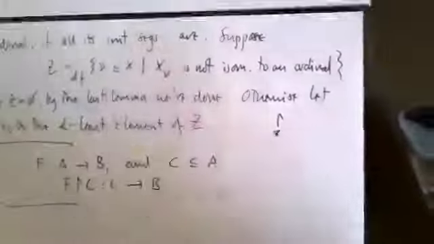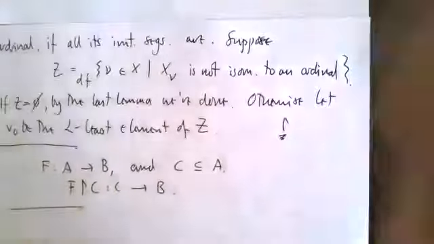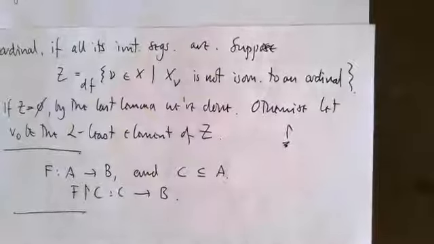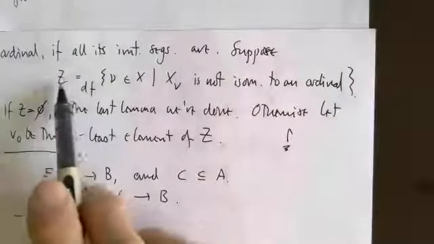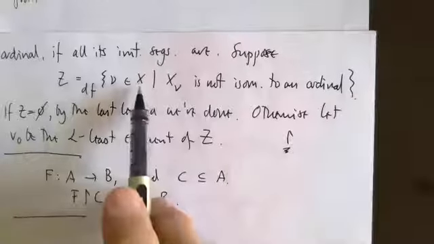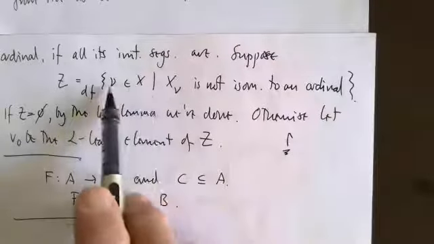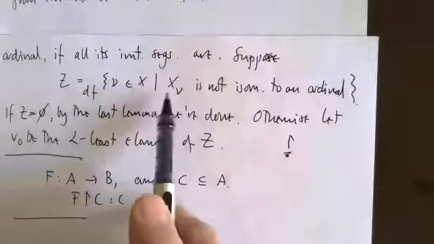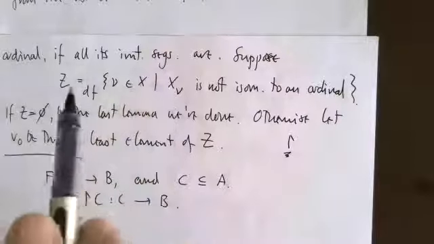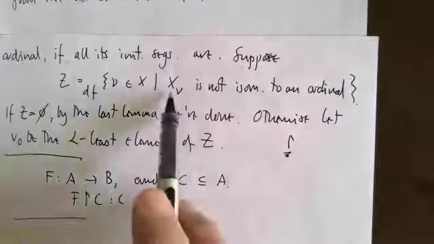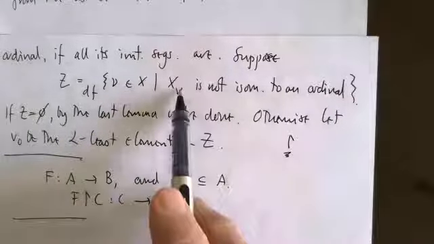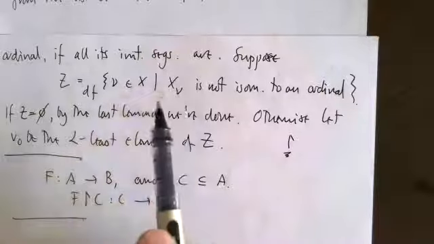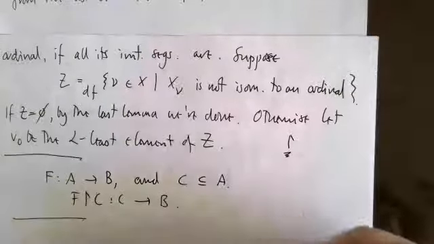Okay, so where were we? We're looking at the collection of elements of X such that the initial segment determined by the element is not isomorphic to an ordinal. And if this is non-empty, we let V0 be the least element which is not isomorphic to an ordinal. So anything shorter is isomorphic to an ordinal.